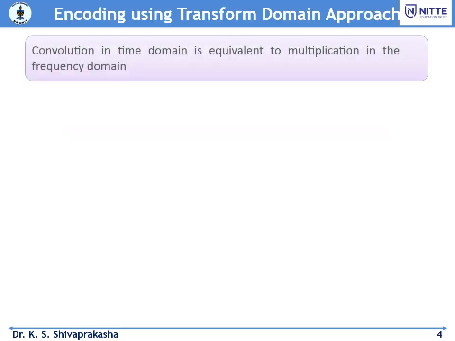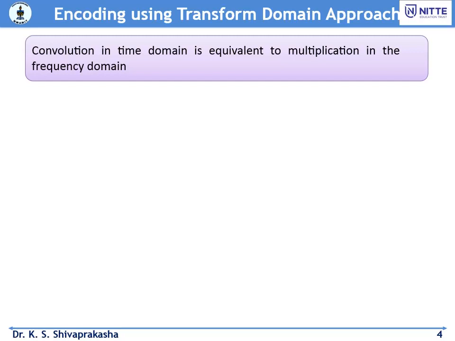We know that convolution in time domain is equivalent to multiplication in transform domain. We have seen that the code vector for a convolution code can be obtained by performing the convolution of the data sequence with the respective generator sequences.